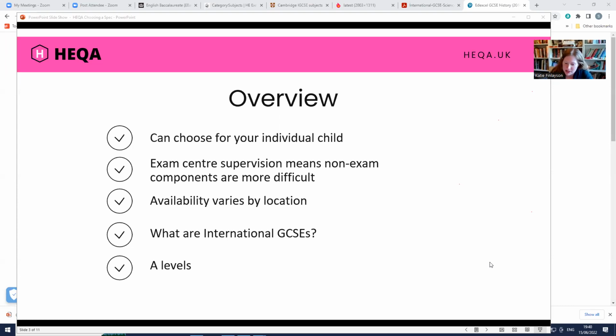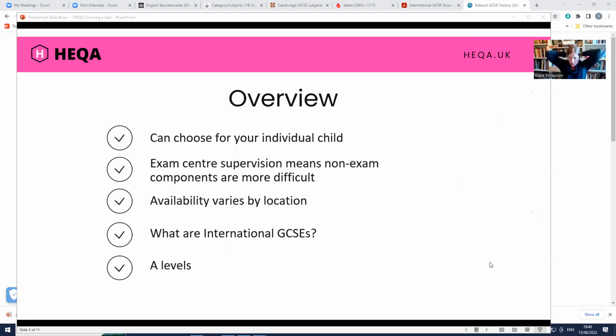But the main thing about the international GCSE is it's basically a private version of the government regulated GCSEs. Same level of difficulty, it works the same in terms of progression onto college and onto university, but it's got a little bit more flexibility in how it's assessed. So sometimes there are different options for international GCSE than there are in the regular GCSEs.